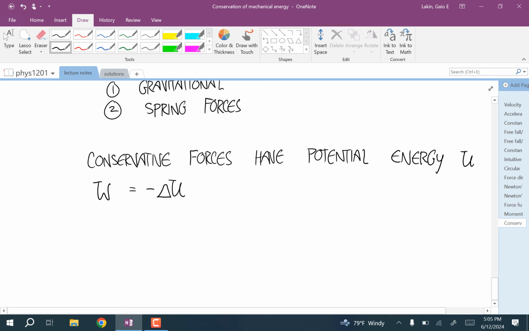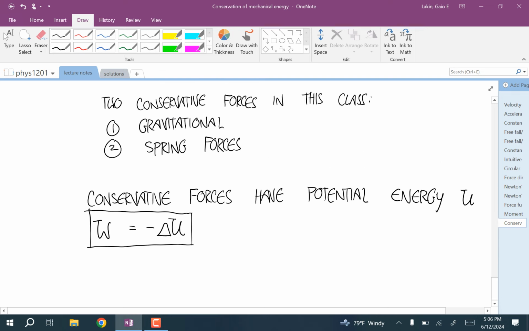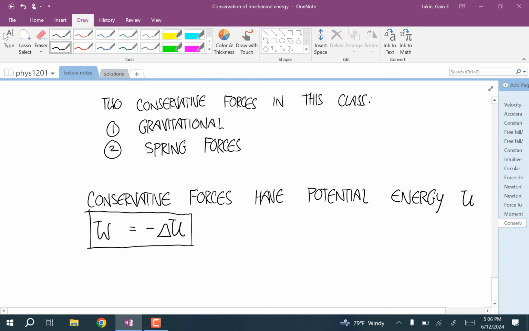So really it's just a way to calculate work. It tends to be an easy way to calculate the work done by a certain force. But this is a really important relationship. You can think of that as the defining relationship of potential energy. Since we only have two conservative forces, we only need two potential energy functions.